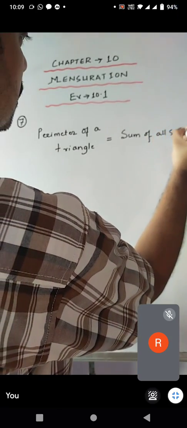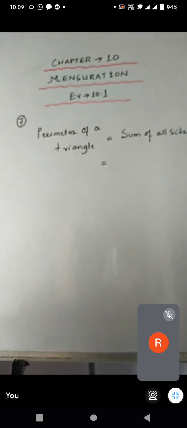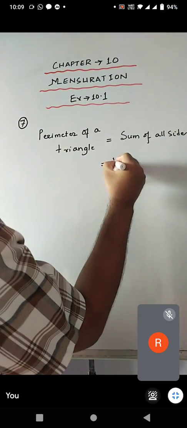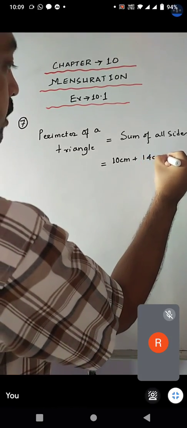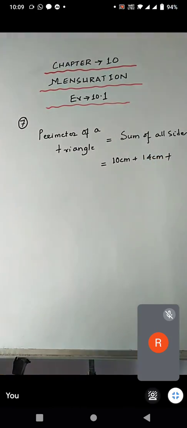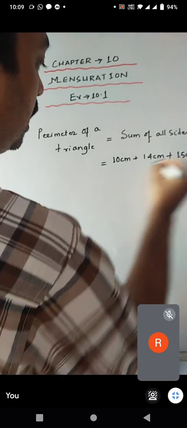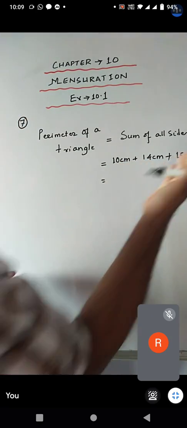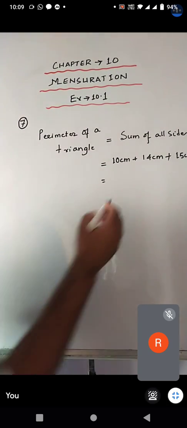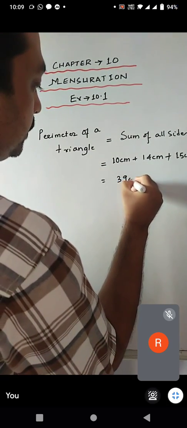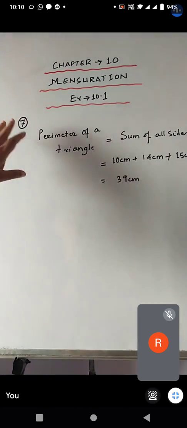What are the sides given in the question? 10 centimeter plus 14 centimeter plus 15 centimeter. Just add all those numbers and the required answer would be 39 centimeter. Fine, so this is the required answer of question number 7.